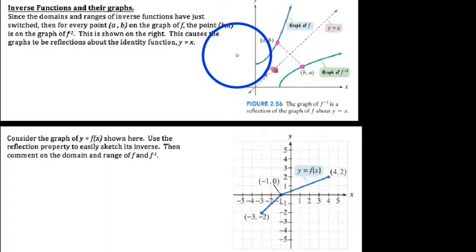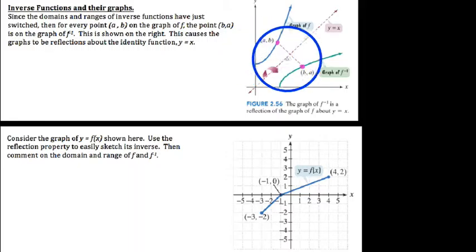The reason why this is significant is because it causes our graphs to be reflections about this line y equals x here. And this is always going to be true with inverse functions because of the fact that their domains and ranges switch.